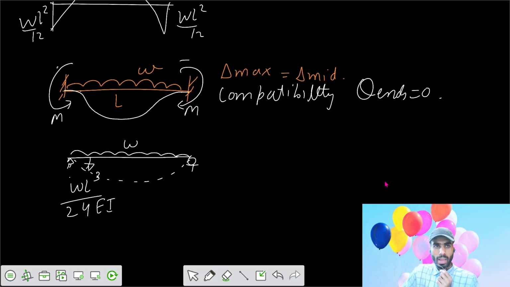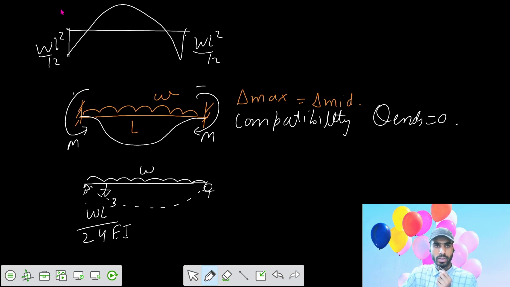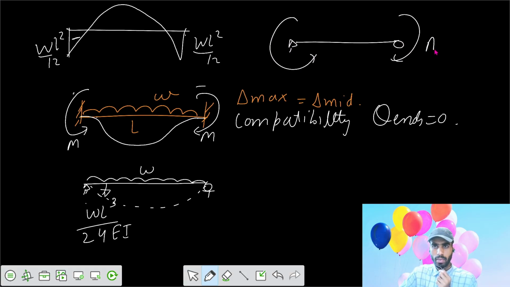So we have to make this theta 0. There should be some anti-clockwise moment acting at the end span. Let's say this was your simply supported beam. There should be some anti-clockwise moment M applied at the ends, such that the theta developed here is anti-clockwise, theta 2, while here it was theta 1, which was clockwise.